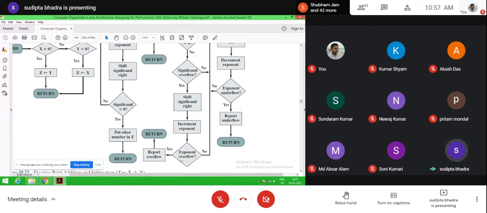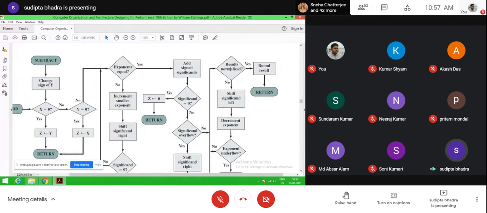If exponent overflow doesn't happen, then go to normalize. Normalize means make the format 1 point something. This 1 is implicit, and it is the MSB of the significant part. Then round the result. If the result is not normalized, then shift the significant left. Not normalized means the result does not start with 1 point, so you have to shift the one.